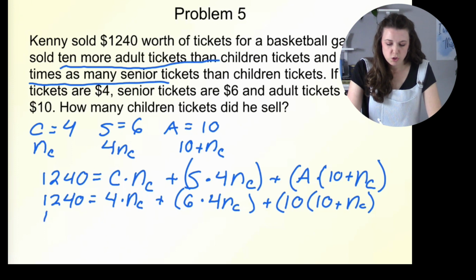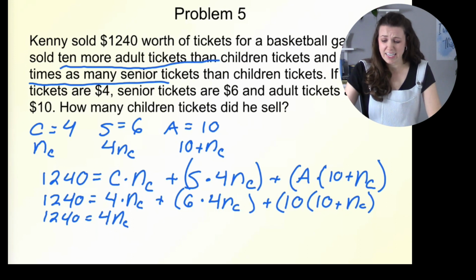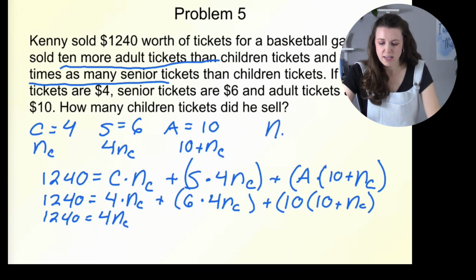So 1,240 equals 4 times NC is just going to be 4 NC. Now we could use NC as anything. So again, NC is the number of children's tickets, right?